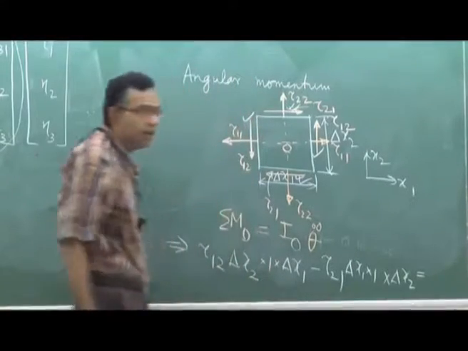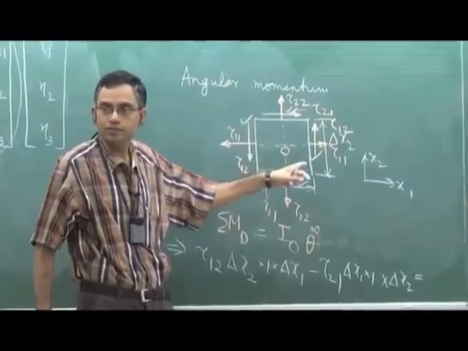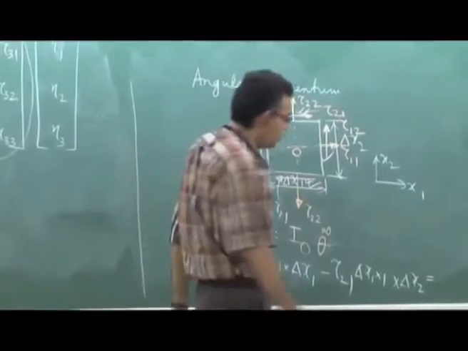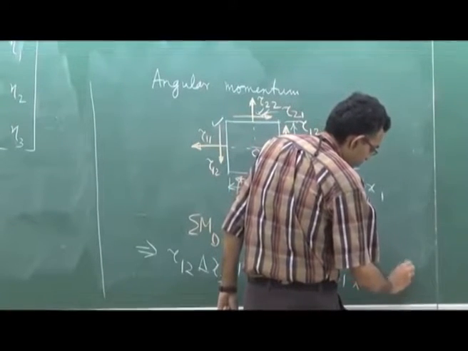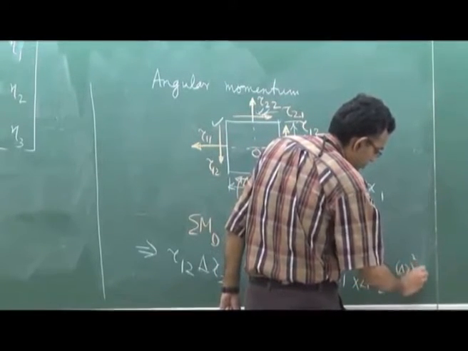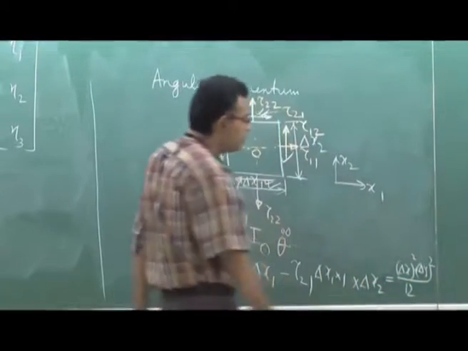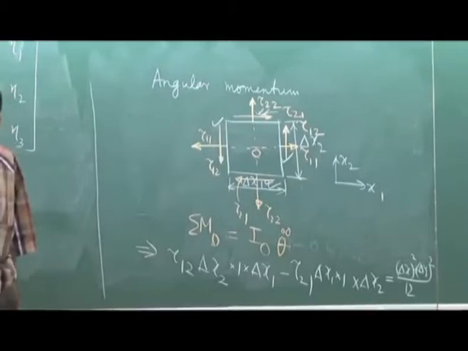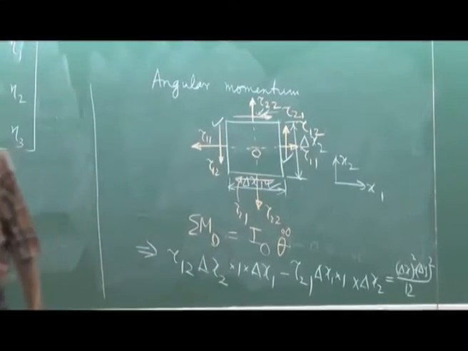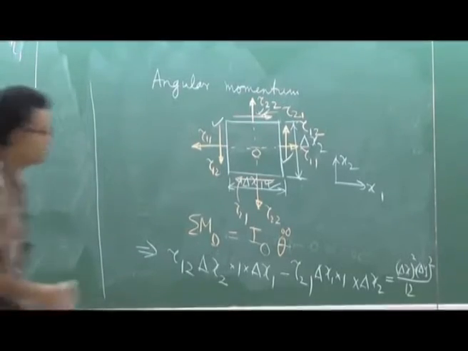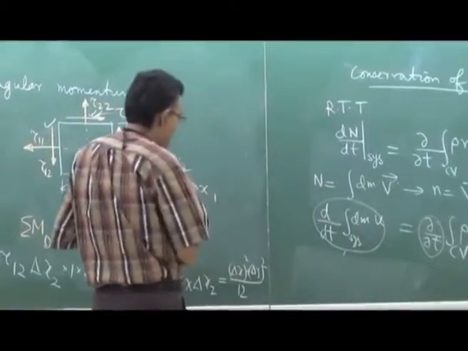So moment of inertia will be proportional to mass into some length square, right. So it is something by 12 into the mass.